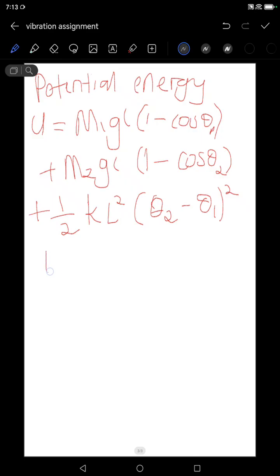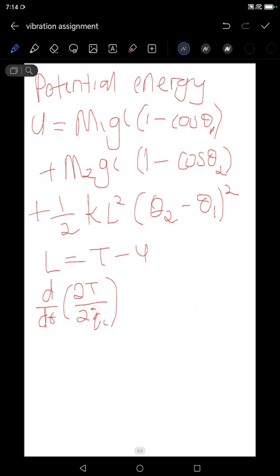Remember, the Lagrange formula: it's T minus U. Or we can write it like this: d over dt into the partial derivative of kinetic energy over dq i dot, minus the partial derivative of T over dq i, plus dU over dq i, all equals Q i. Here q i is our generalized coordinates. I said our generalized coordinates are theta 1 and theta 2, which means we're going to have two equations of motion.